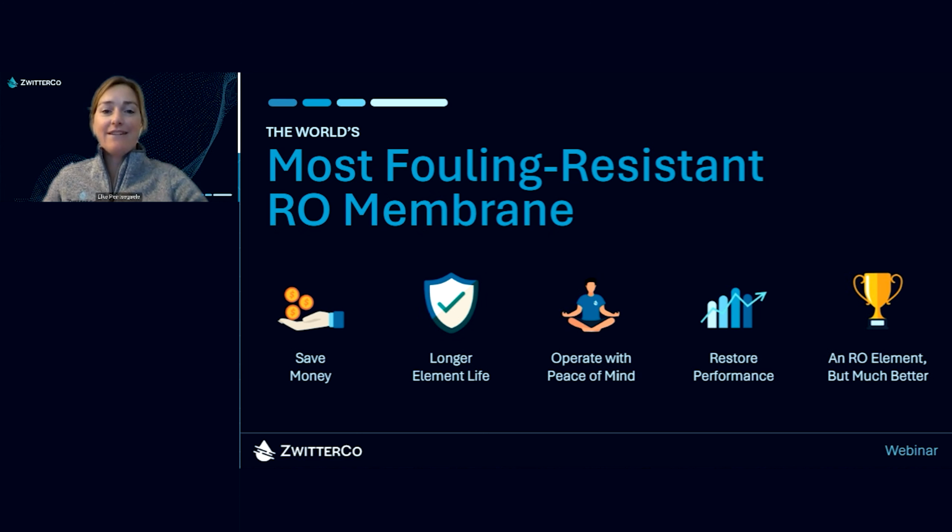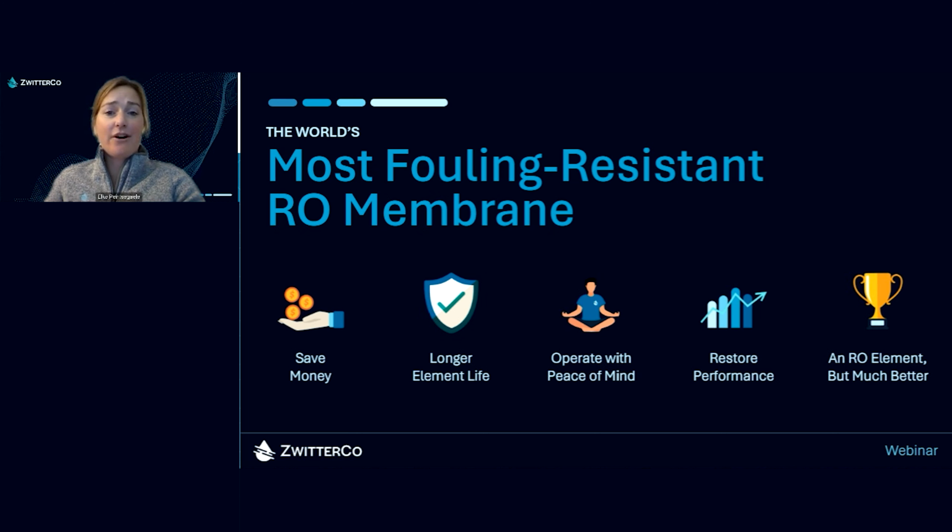So let's dive into some of the benefits in more detail. The first is save money. By using a membrane that doesn't allow organic material to adhere to the membrane surface, you won't have to clean as often, which means you'll benefit from less downtime, less cleaning, less chemicals, and/or less waste hauling.